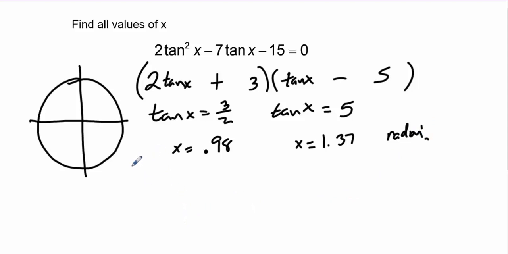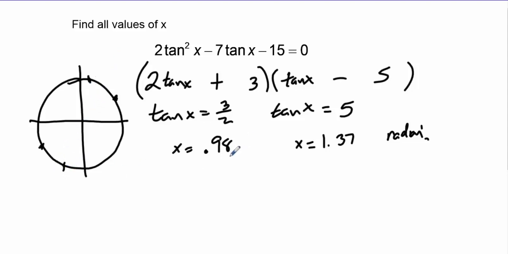So now, where are these going to be? 0.98 radians is probably somewhere around here. You can convert that to degrees if you'd like. And 1.37 is just short of pi over 2, right around here. So we know, granted, that these values are truly answers for the equation, but also they're symmetric points on the other side of the circle, just like in the last problem, which happen to be solutions as well.